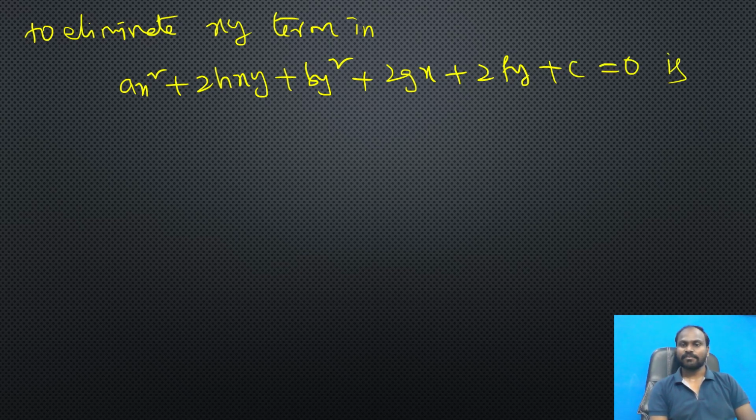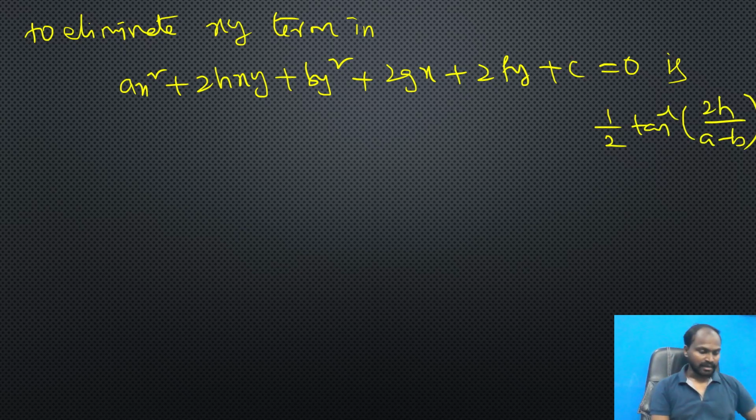The formula is tan inverse of 2h by a minus b. How are we going to do it? Same like that, rotating. To eliminate it, we have to rotate to this angle.